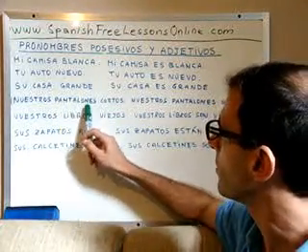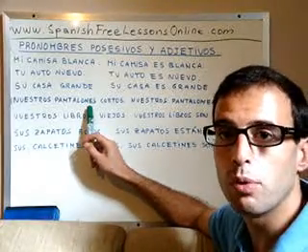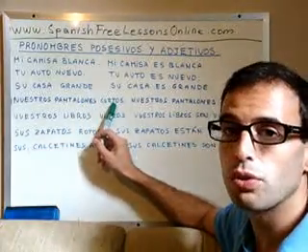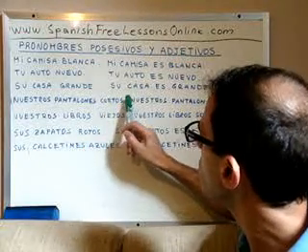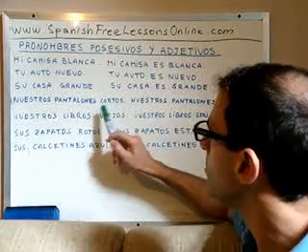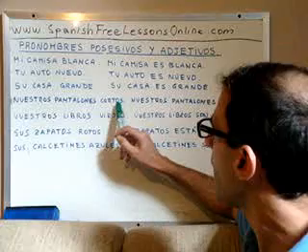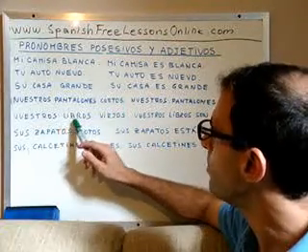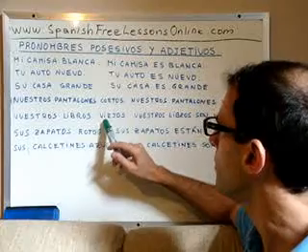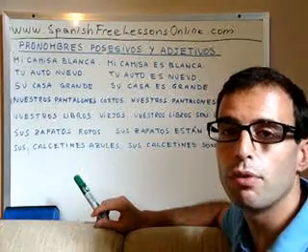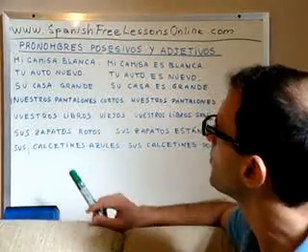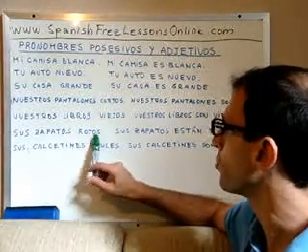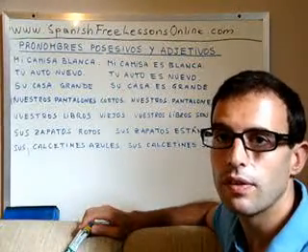Since pantalones is a plural word, like trousers, then the adjective short needs also to be masculine, because it's a masculine noun, and plural. That's why you have an s. Libros means books. Viejos is the plural for old. Zapatos means shoes. Rotos is broken.